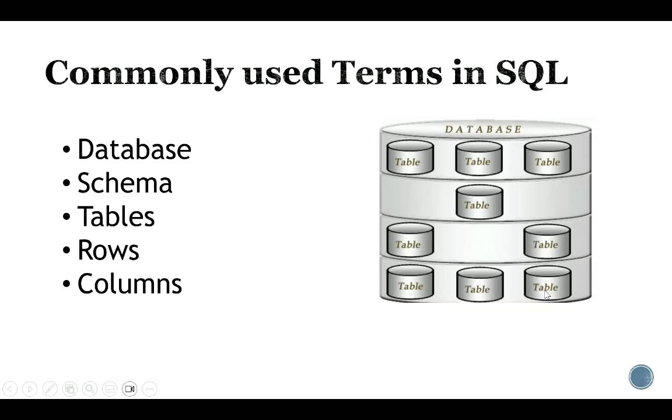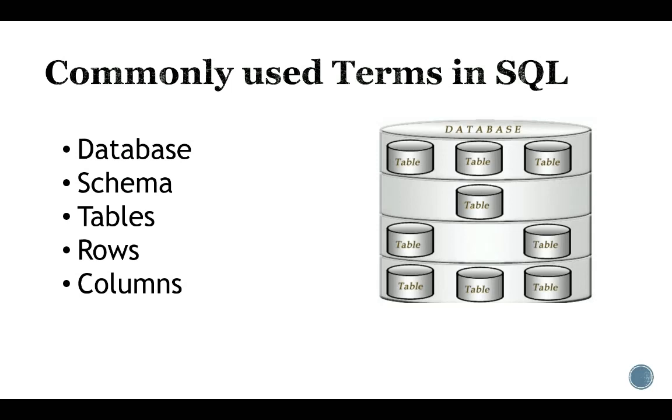This separation layer is nothing but your schema. Certain databases maintain schema, certain databases will not. Schema is optional, but 90% of traditional RDBMS systems maintain schema, whereas cloud and big data related databases will not deal with schema, but all traditional database management systems will deal with schema.